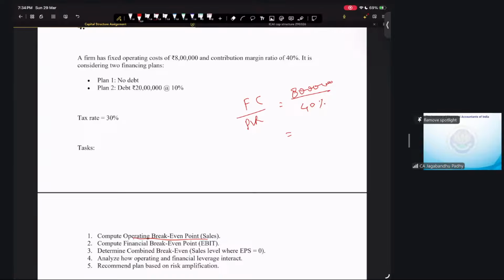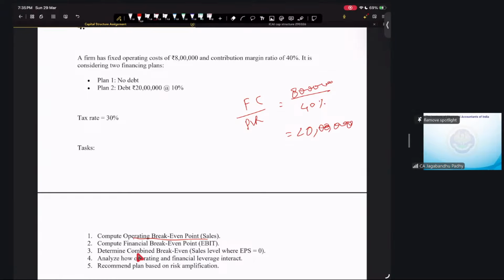So 8 lakh divided by 40%. How much is it? 8 lakh divided by 40% is 20 lakhs?